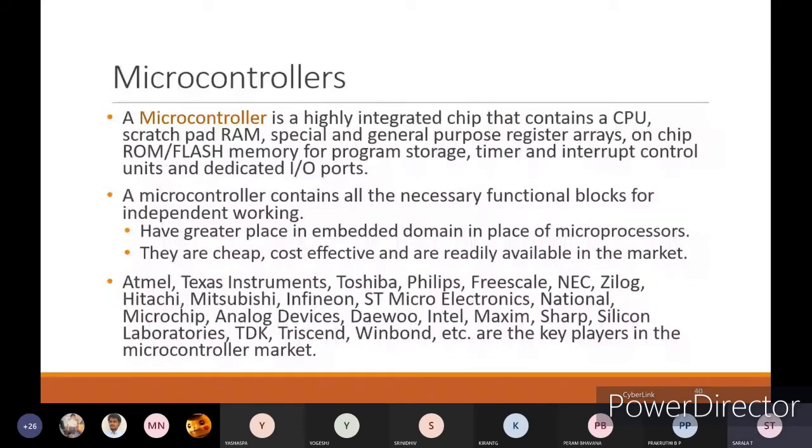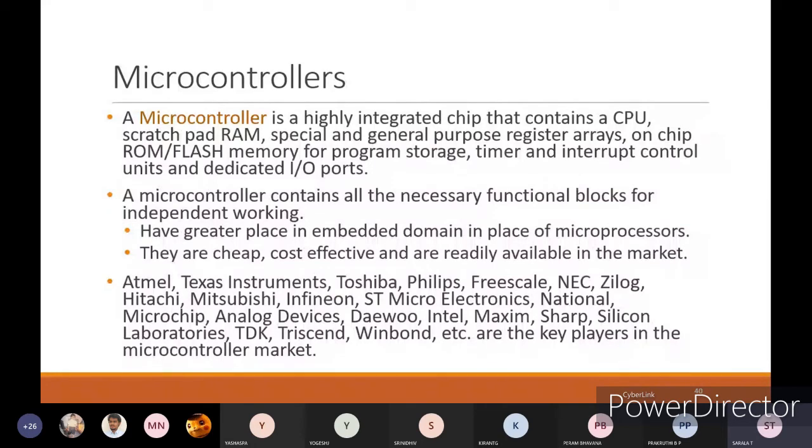Next we have the microcontroller. A microcontroller is a highly integrated chip that contains the CPU, scratchpad RAM, special and general purpose register arrays, on-chip ROM, flash memory for program storage, timer and interrupt control units, and dedicated I/O ports.